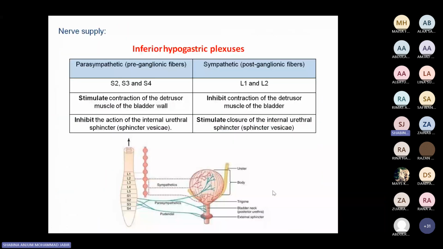Now, what is the nerve supply of the urinary bladder? In today's case, what differential diagnosis did you put for the urinary bladder?